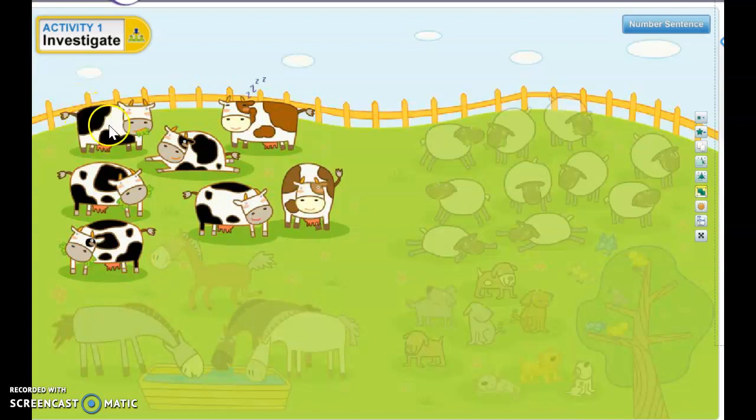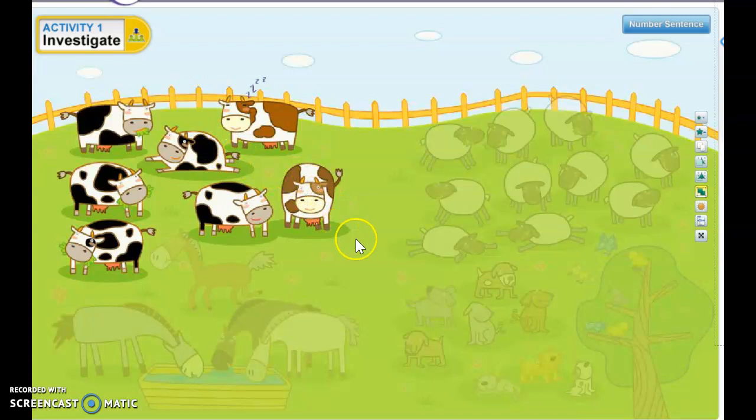When I counted, I saw 1, 2, 3, 4, 5, 6 cows standing and 1 cow laying down. 6 standing cows plus 1 cow laying down equals 7 cows altogether. So that's how I used this picture to tell me an addition story about the cows.